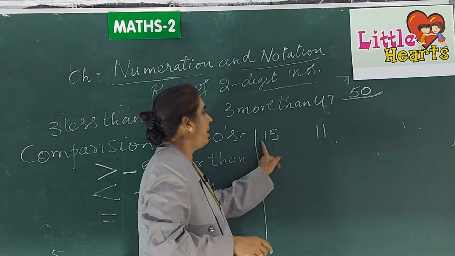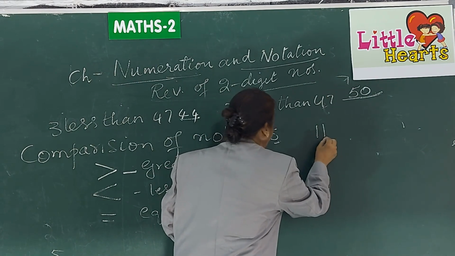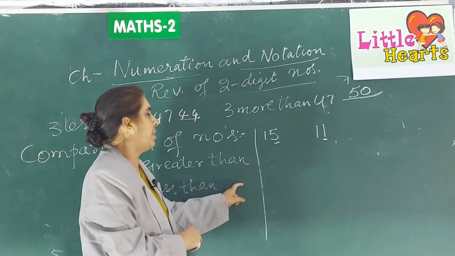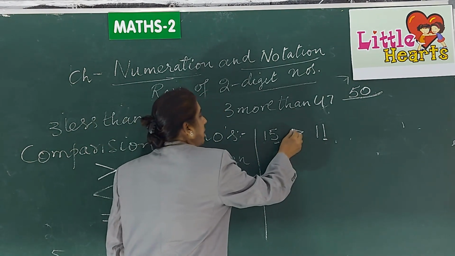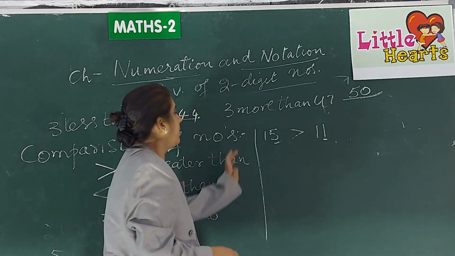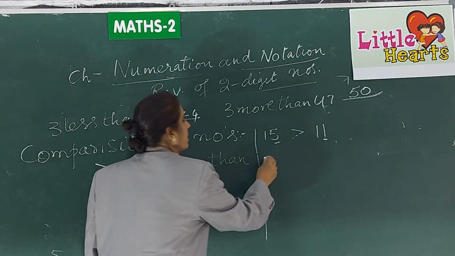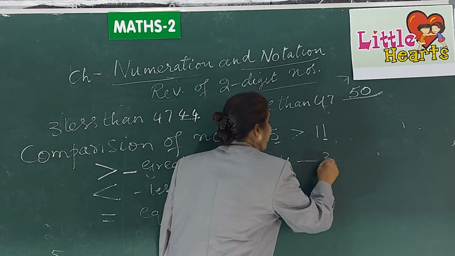Here 15 and 11. Which is bigger in the ones place? 1 is bigger or 5 is bigger? You all know that 5 is bigger. So 15 is greater than 11. When the mouth is open towards your left side, that is greater than. When it is open towards the right side, it is less than.